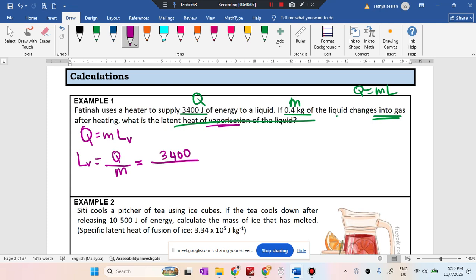Then 3400, then 0.4. So jawapan yang kamu akan dapat 8500. So how to determine the unit? Very simple. What is this? Heat energy. So joule, confirm. Mass kita naik atas. Yes, kg negative 1. Itu saja.